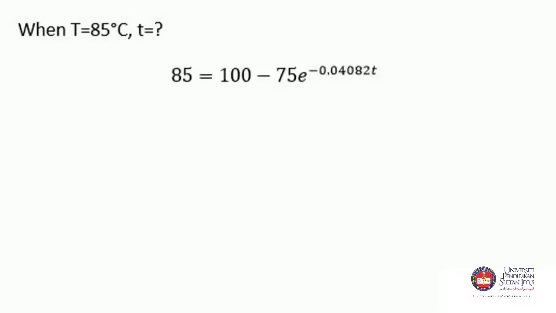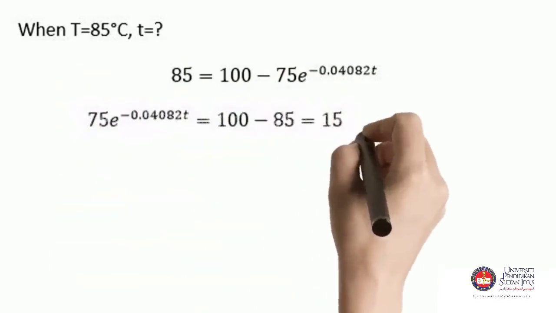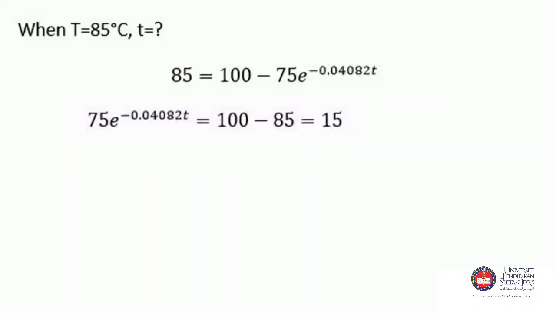And we arrange the equation and we get 75 times e to the power of negative 0.04082t equal to 100 minus 85 equal to 15.